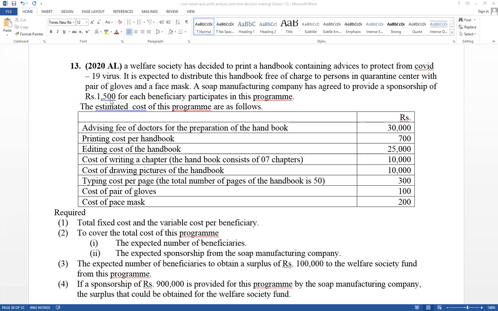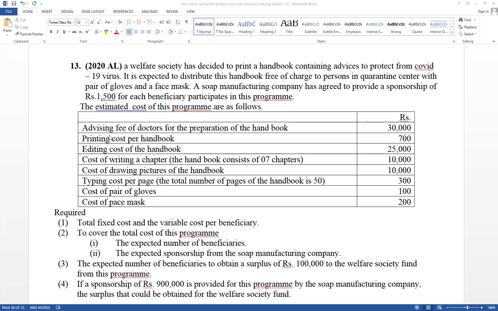Therefore, this is a selling price. From the society's point of view, the society organizes this, and they receive sponsorship of 1,500 for each beneficiary. Think about the number of beneficiary participants. It has given the estimated costs of this program as follows.